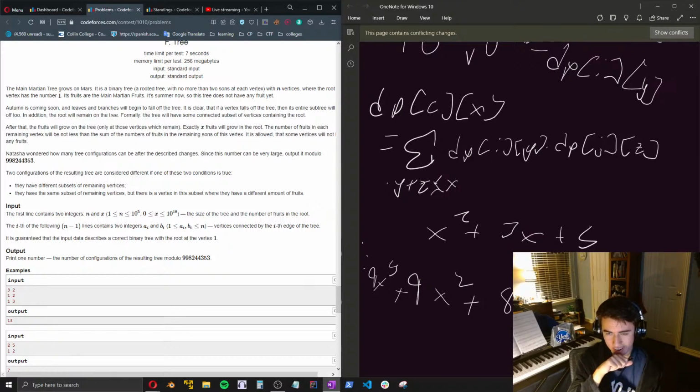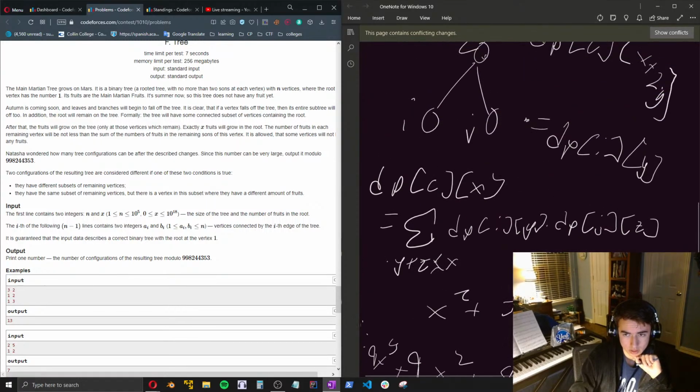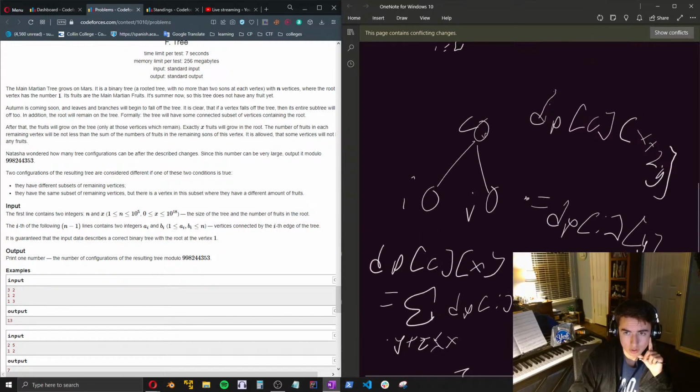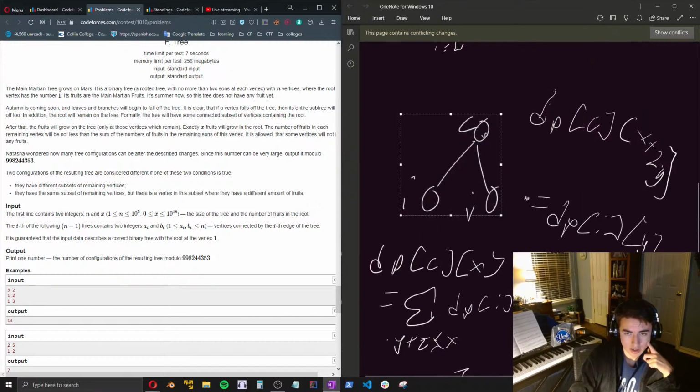You need to be able to convert polynomials like this. Okay, I'm starting to get tired. Well, I'm not sure how to do some operation. Well, okay, the polynomial in terms of each node will only be up to the size of its subtree.